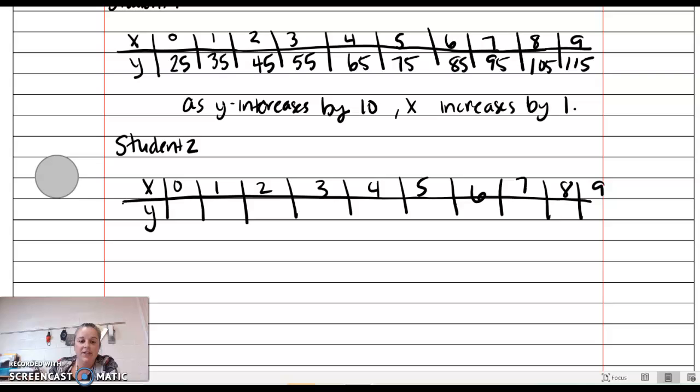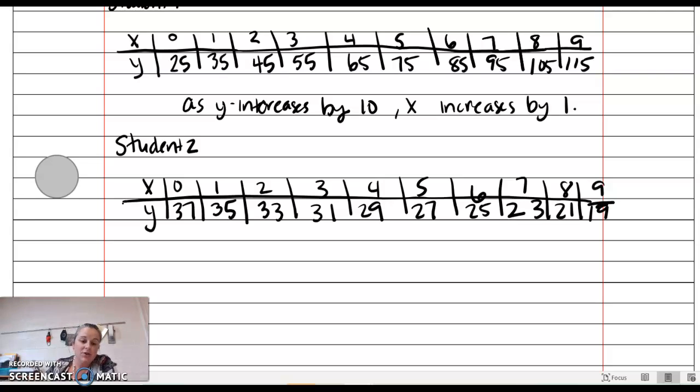All right, so this person started with 37, but was taking 2 away every single time. So 2 meters went away. 35, 33, 31. And then 19 for 9.